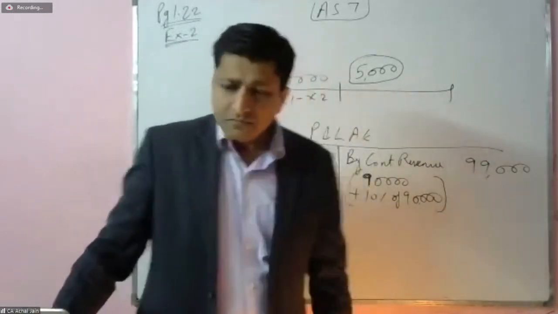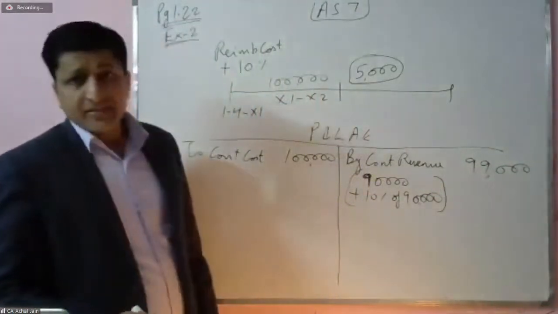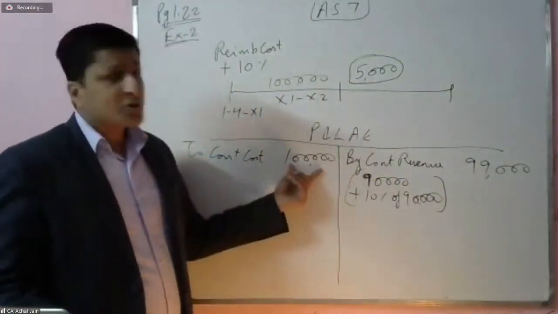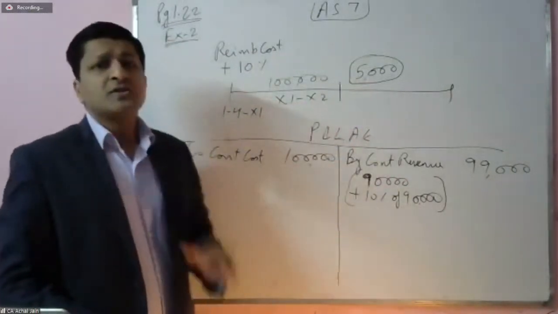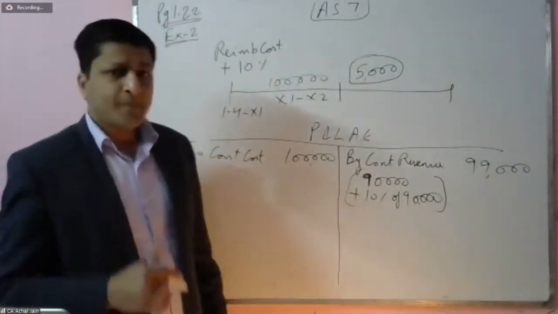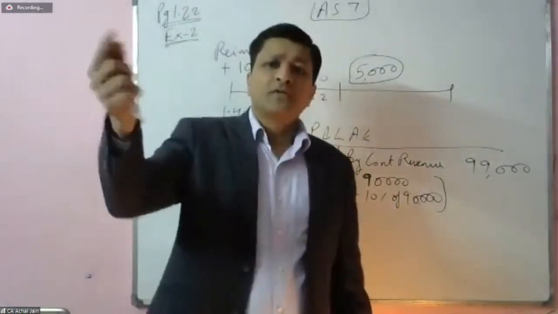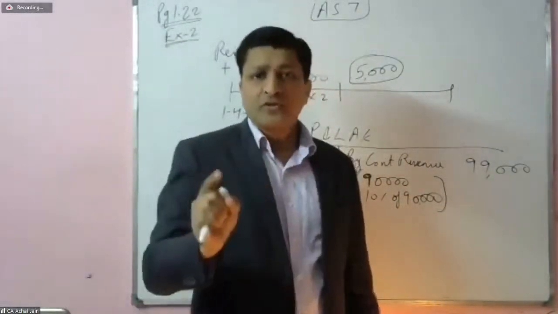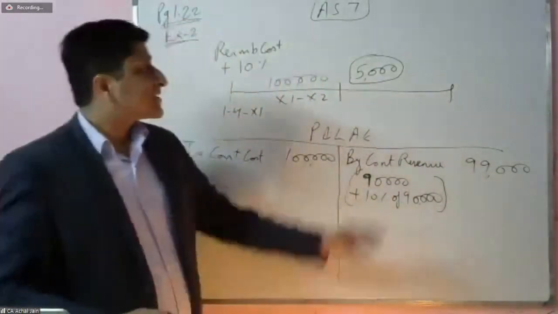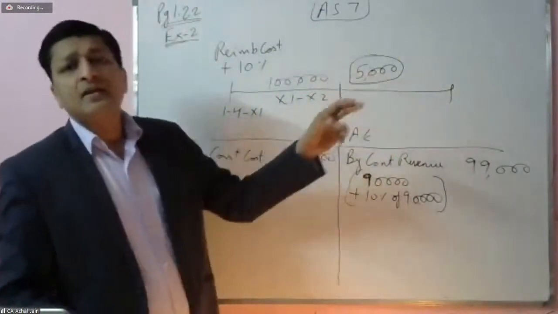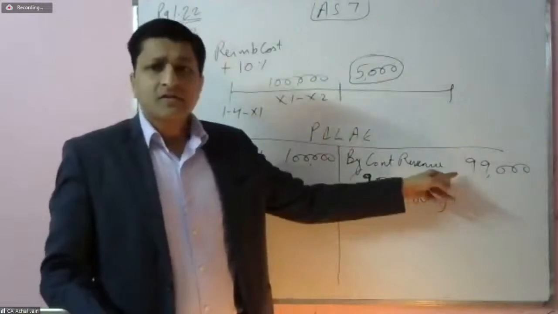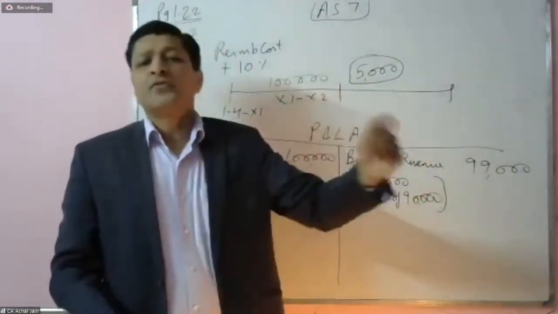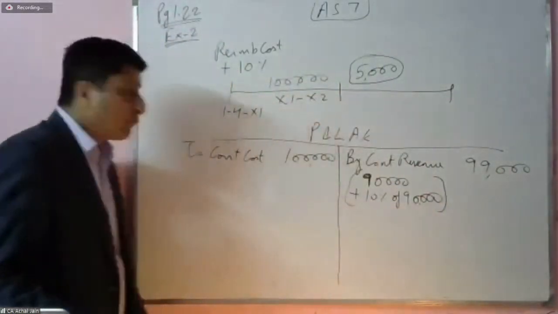Now, in this case, this much cost is already booked, but this 5,000 cost is not booked, because this will be incurred in future. So we are not booking the future cost, but we understand that when this cost will be incurred, there will be a loss. Today there is a loss, but in future again there is going to be a loss. So what do we need to do?